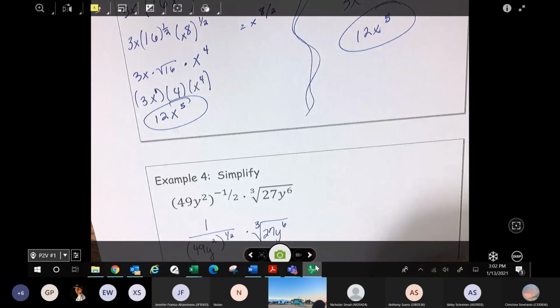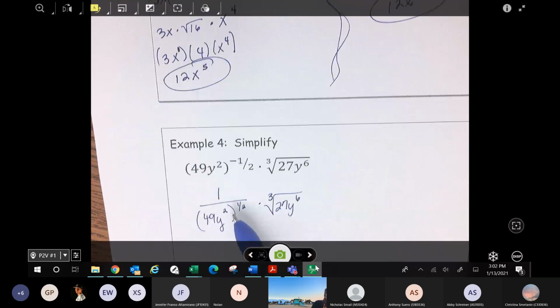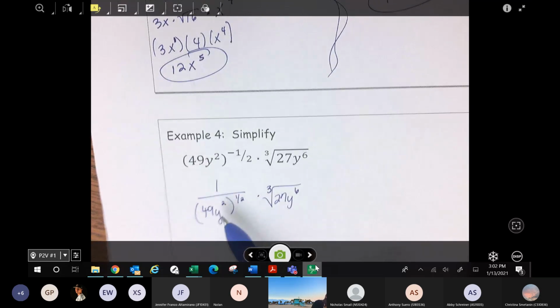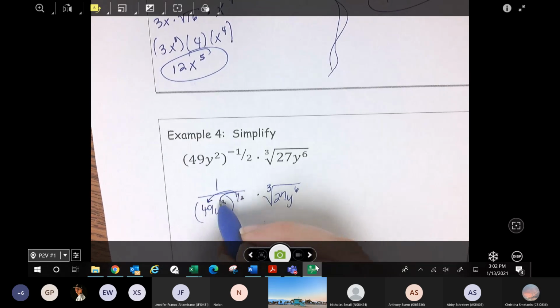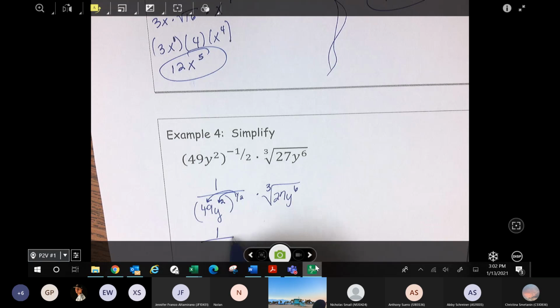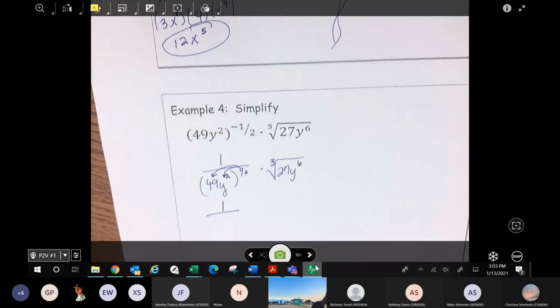All right, so let's just break it down. Looking at the bottom of this fraction, that 1/2 power goes with the 49 and it goes with y. So you're going to have 49 to the 1/2 power. Whenever you see 1/2 power, you should be thinking square root because that's what it is.